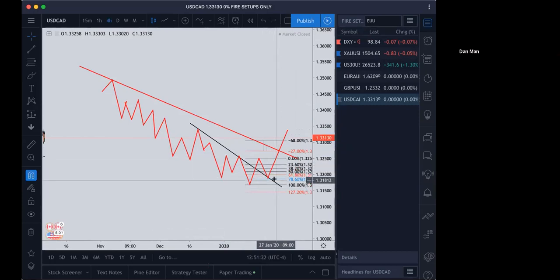Retest the counter trend line, and we can see that there is a support right here. Okay, what is the final move? To the negative 27 and negative 68. All right, perfect.